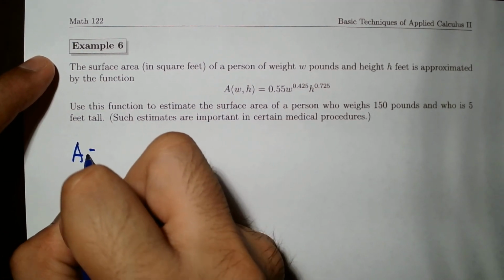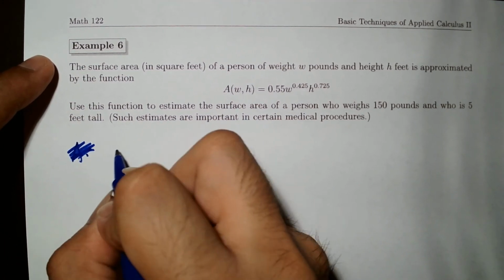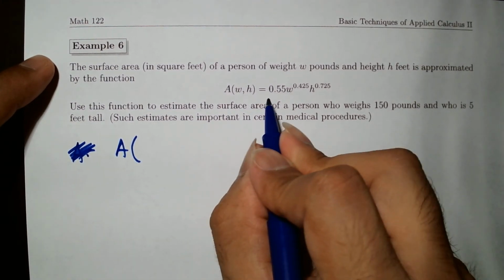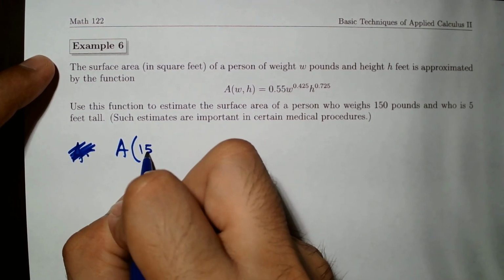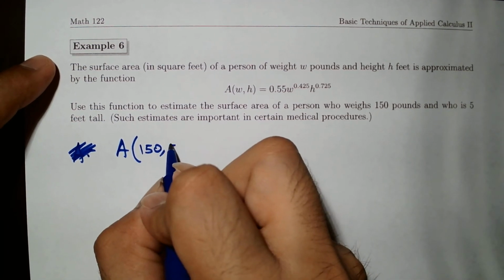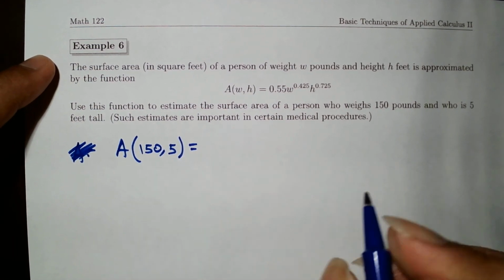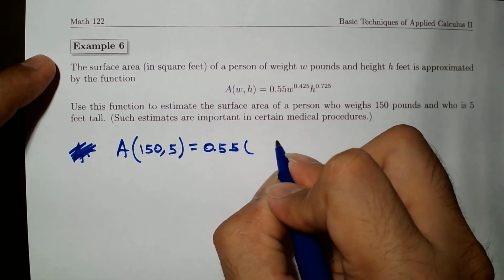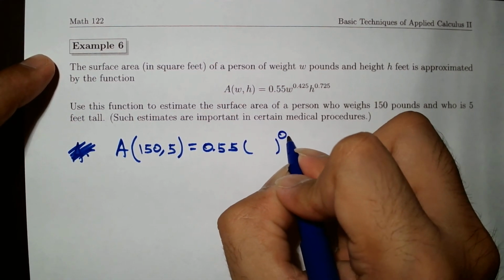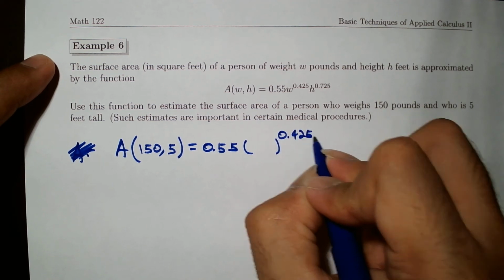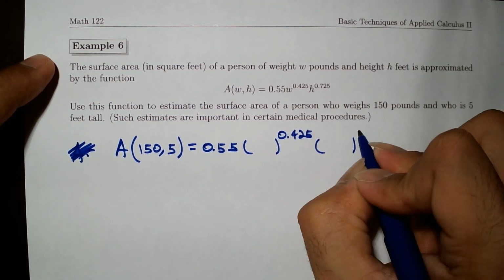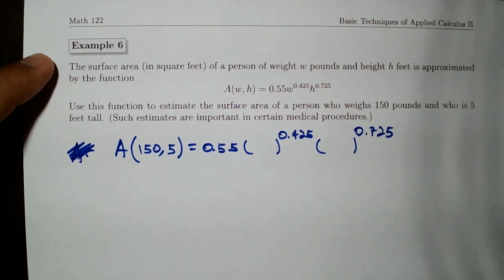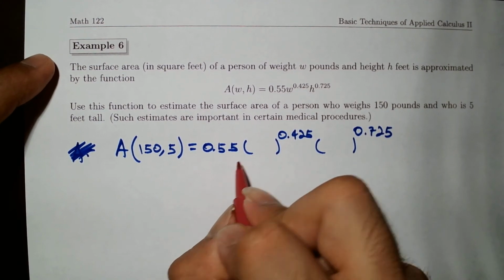So A evaluated at W, which is 150, comma 5, equals 0.55 W to the 0.425 H to the 0.725.